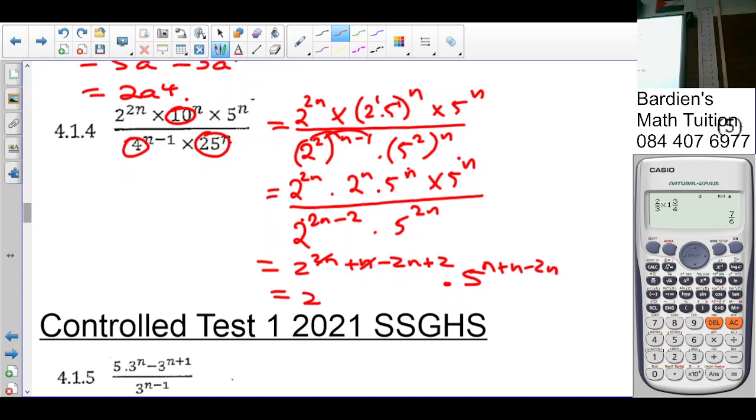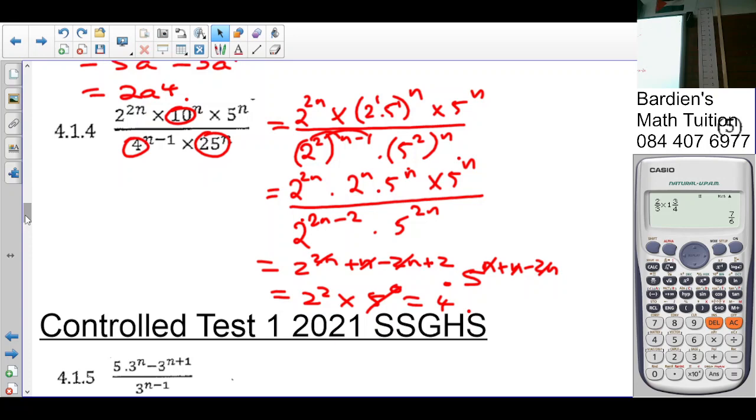So 2 of those cancels, 2 squared times 5 to the exponent 0. You can't just leave it blank. So if you leave it with no number on top, that means you say it's 5 to the exponent 1. So that cancels, so 2 squared is 4. Okay. Any issues thus far?